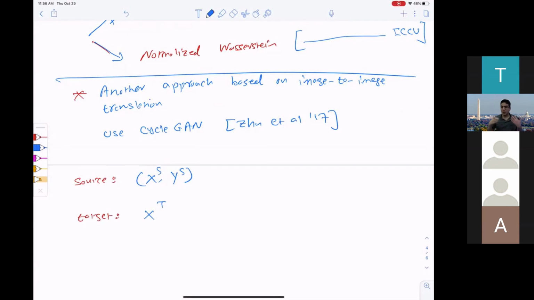Right, so the idea of image-to-image translation in an unpaired fashion is that, let's say, if you give me some images in a particular style, and I want to change the style of those images, and I have some other images from another domain, another style, but I don't have a paired version of them, how can we transfer the style from one domain to another domain? So that's basically the key idea of these unpaired image-to-image translators. And CycleGAN is one of the very popular and very successful such methods.